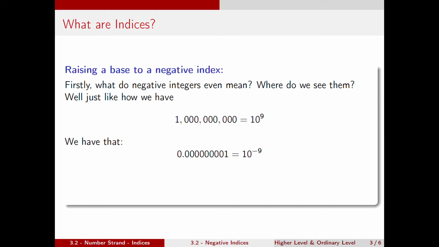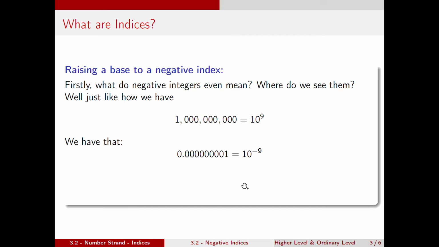So firstly, we'll think about what a negative integer power really even means and where we see them. A way of representing really large numbers is to use positive whole number powers. So we can see here that 10 to the power of 9 is a representation of 1 billion.